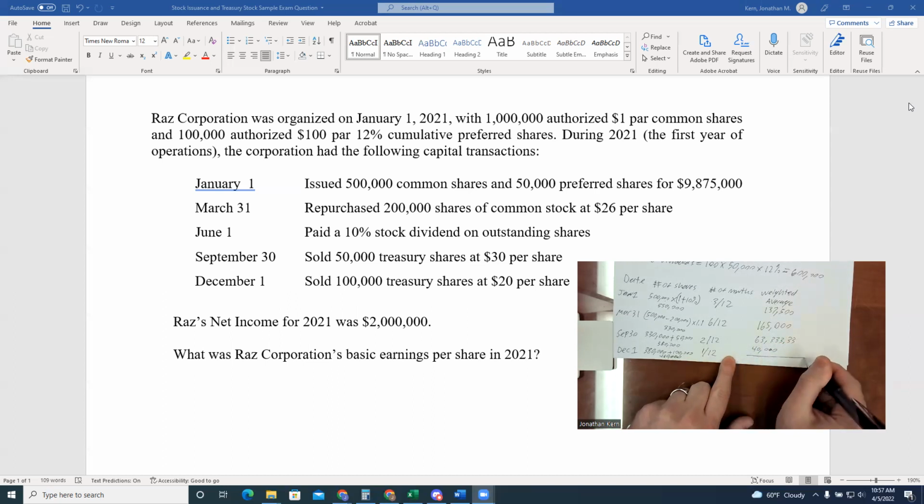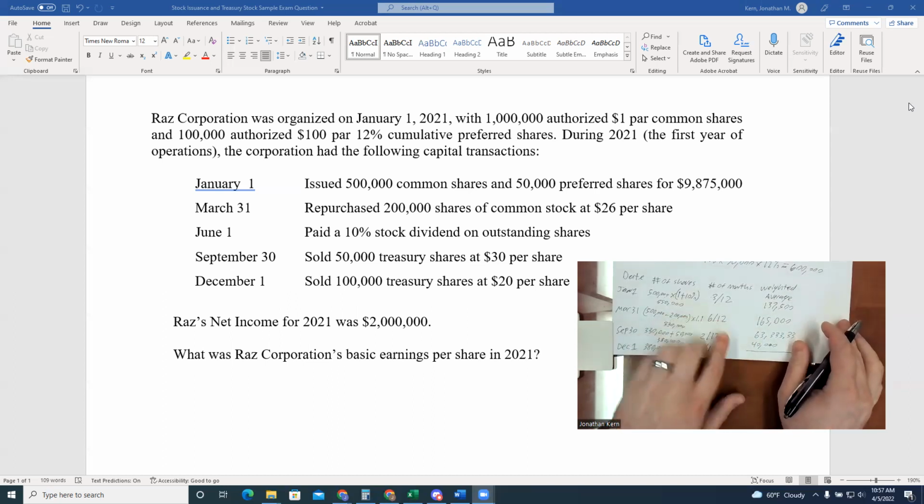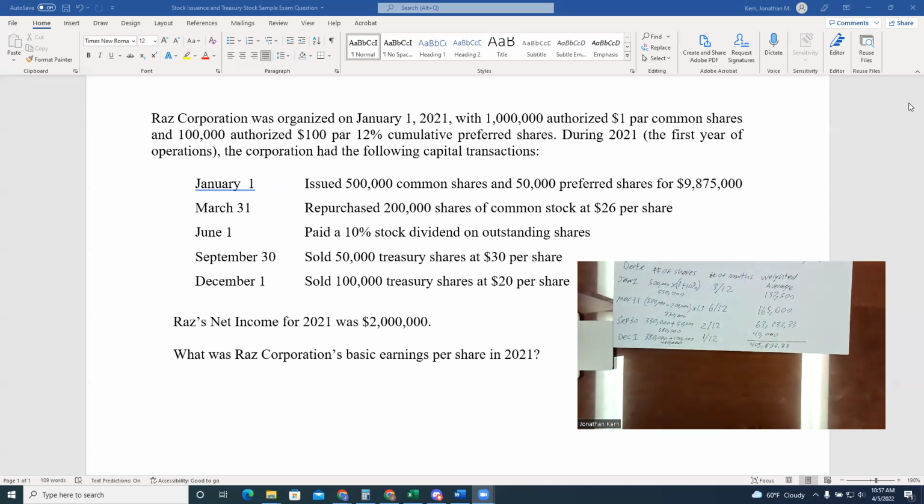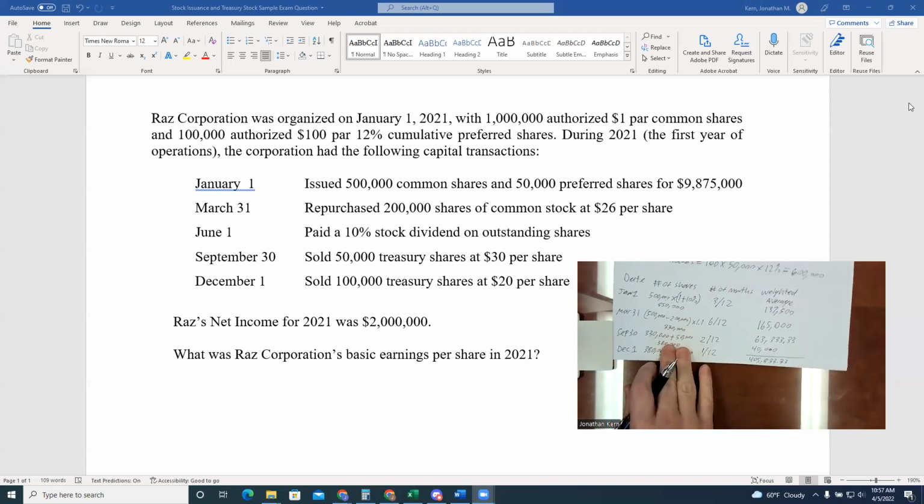Then we would just sum up these weighted average shares, and we would get 405,833.33 weighted average number of shares.